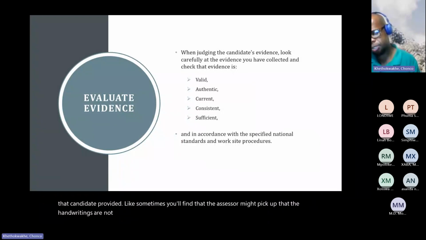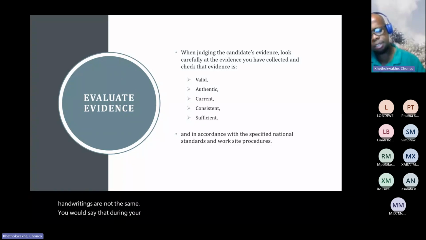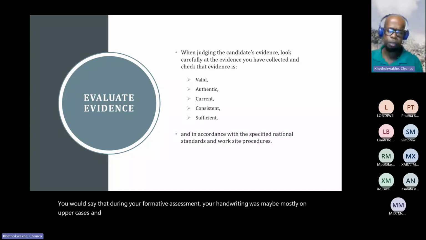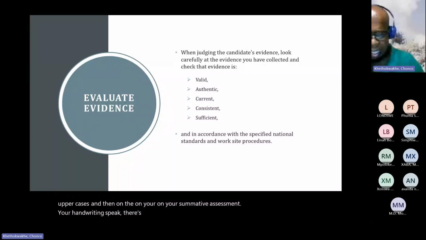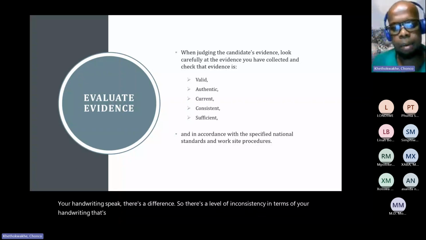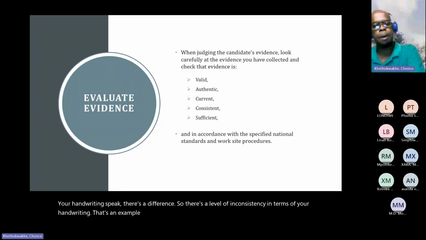You would say that during your formative assessment, your handwriting was mostly in uppercase, and then on your summative assessment, your handwriting is big. It is different, so there's a level of inconsistency in your handwriting. That's an example that I might use to clarify this concept.